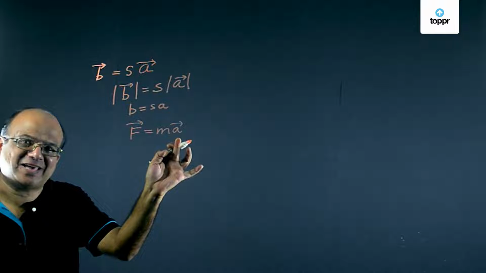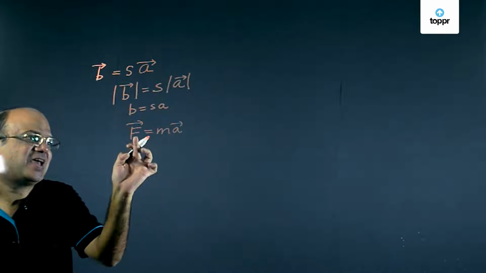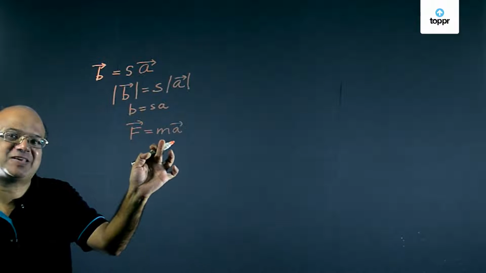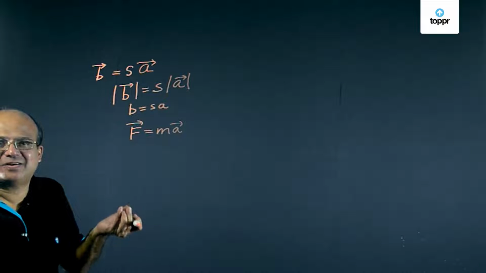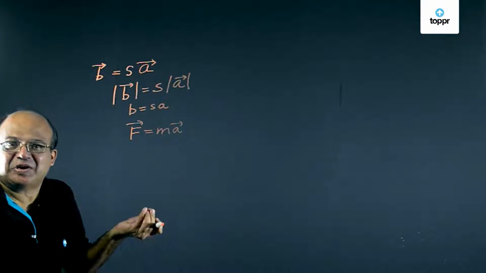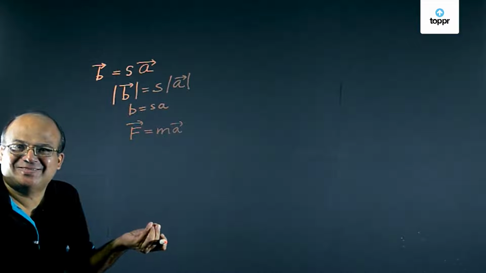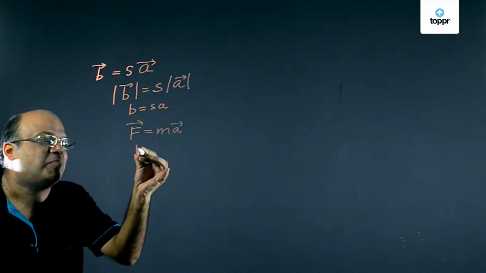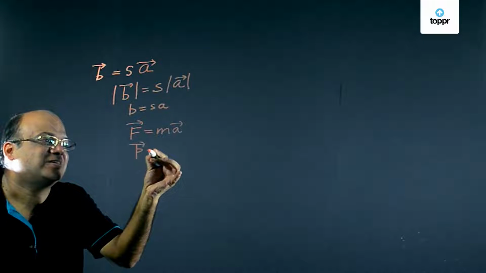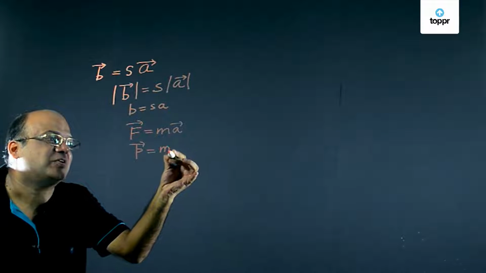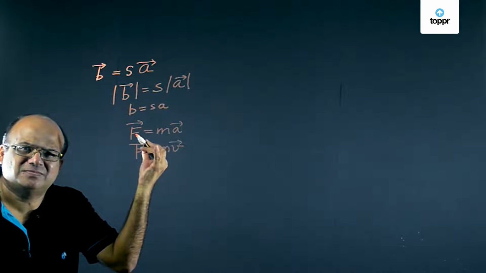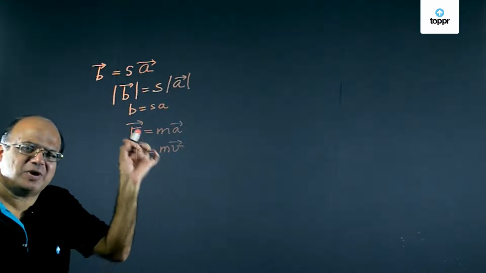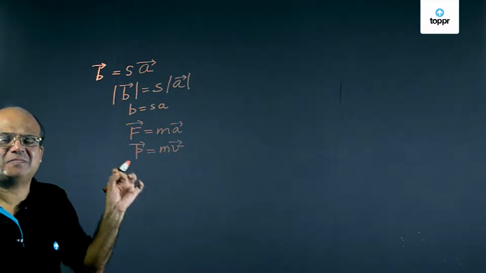A is acceleration vector here, F is a vector, M is a scalar. So here we are multiplying a vector by a scalar. Can you tell me one more equation? Yes, momentum. Momentum is P vector. This is mass into velocity, mv vector. So this is how we multiply a vector by a scalar.